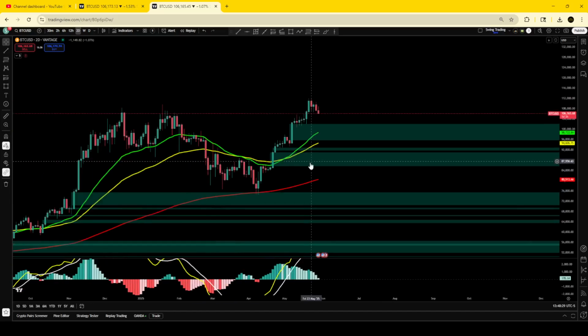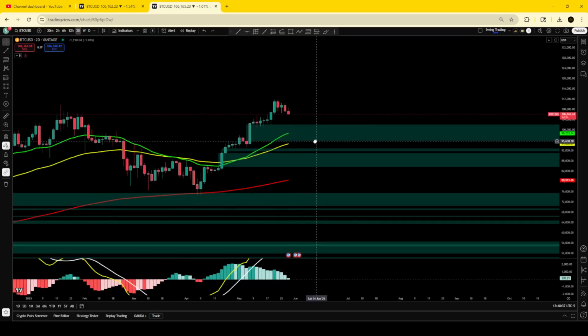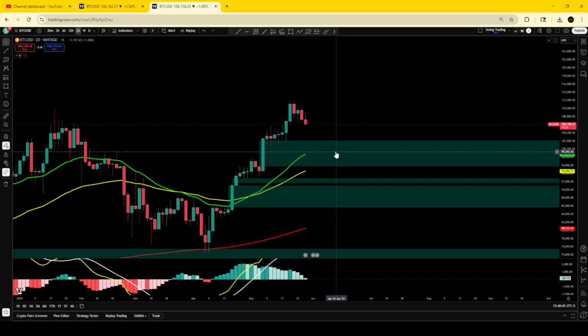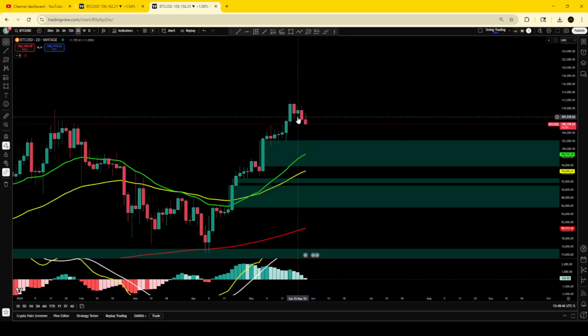So how do I do this? We're on a 2 day. Without drawing trend lines, I see these two candles.